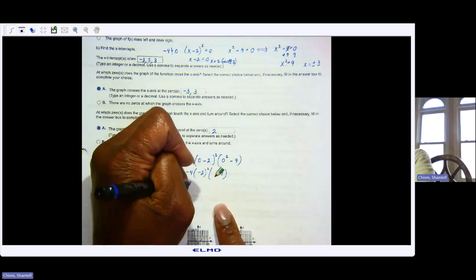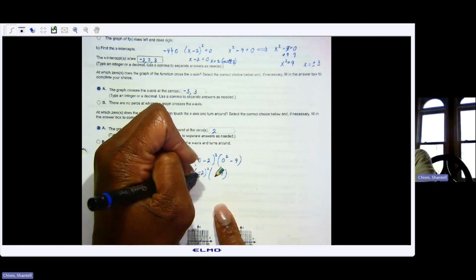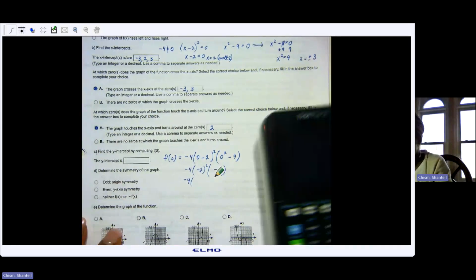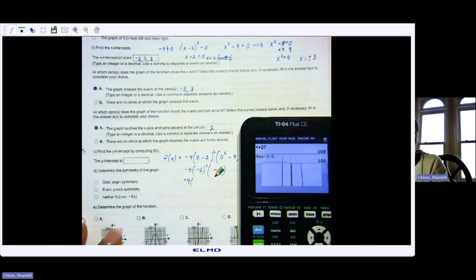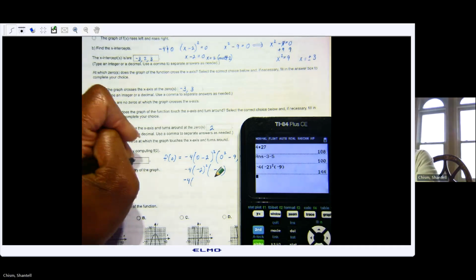So we got -4 times -2 squared, and I could actually put that straight in my calculator if I wanted to, literally. -4 parentheses -2 squared times -9. Okay, and we'll press enter there. We get 144 as the y-intercept.